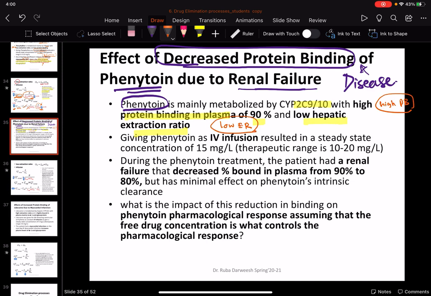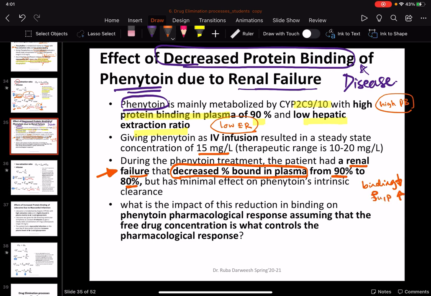Giving phenytoin as IV infusion resulted in a steady state concentration of 50 milligram per liter. During the treatment, the patient developed renal failure. So here the effect of the disorder started. It decreases the percentage bound in the plasma from 90 to 80, so the binding decreases, which means the fraction unbound is increased.